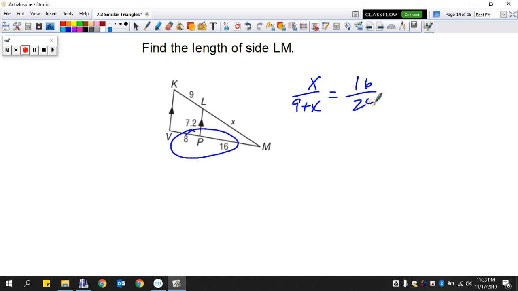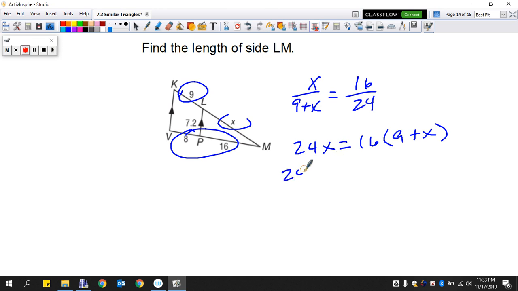When we cross multiply, we end up with 24x is equal to 16 times 9 plus x. The reason we got 9 plus x is that this plus this is equal to the length of the hypotenuse of the large triangle. So we have the length of the short triangle, x, to the length of the long triangle, which is 9 plus x.